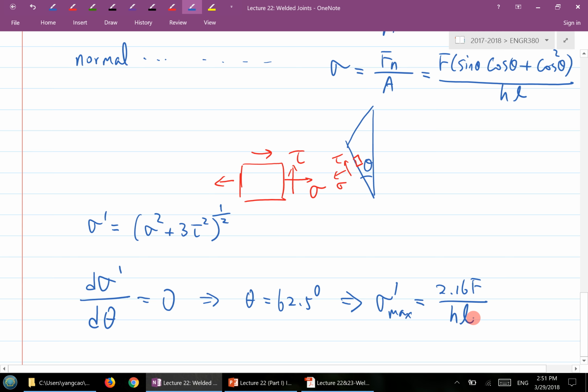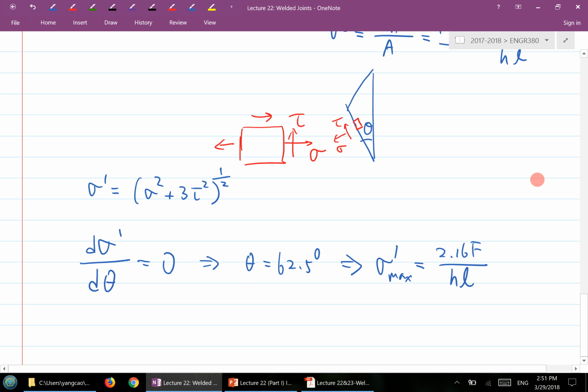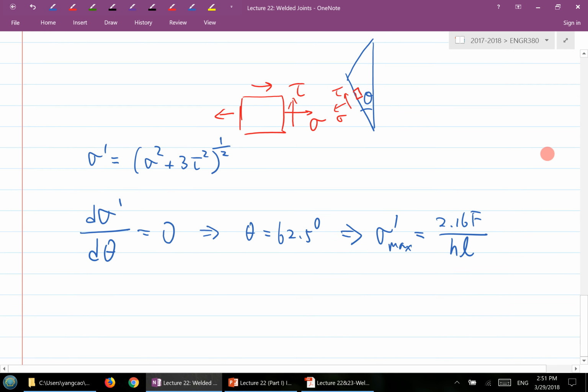That's the maximum von Mises stress at the particular angle of 62.5 degrees. And similarly, at this angle you can calculate the shear stress, which is 1.196 F divided by HL. Similarly, you can get the tau value and also the sigma value here.